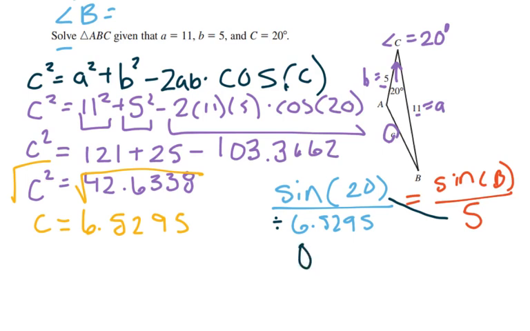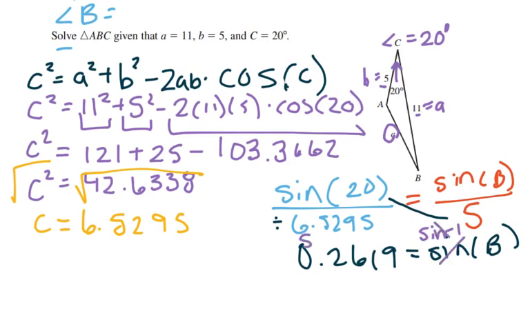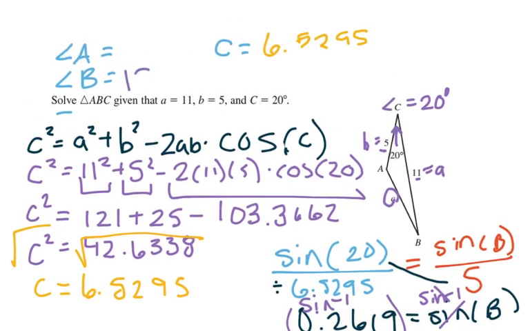So we get 0.2619 equal to sine of B, but of course we don't want sine of B, we want to take that away by doing sine inverse. So I need to do sine inverse of the decimal I just got. And so we get a degree measure of 15.1832 degrees for angle B. And then in order to find A, we can just subtract from 180.